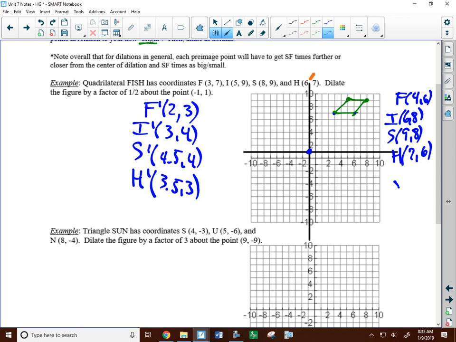Does it say? Yeah, it said dilate. I guess it didn't clarify it. Let's just graph. So according to this point, my new origin, 2, 3. 3, 4. 4.5, 4. 3.5, 3.